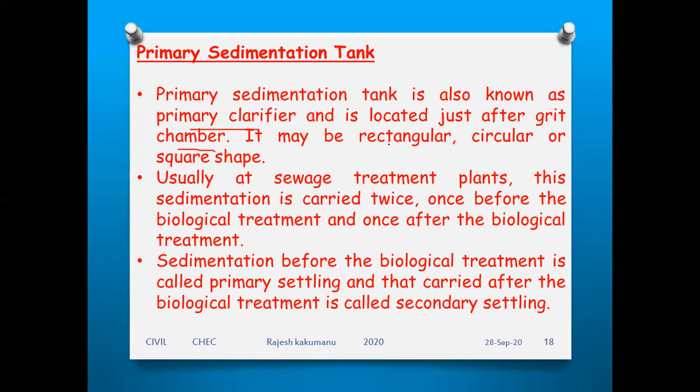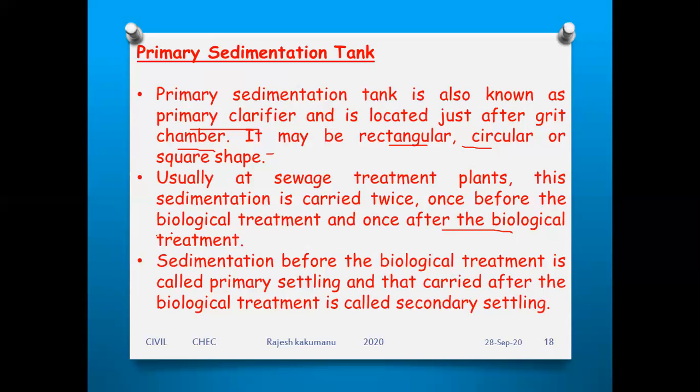It may be rectangular shape or circular shape or a square shape. Usually at sewage treatment plants, this sedimentation is carried out twice. After the grit process, it is carried out two ways: once before the biological treatment and once after the biological treatment.